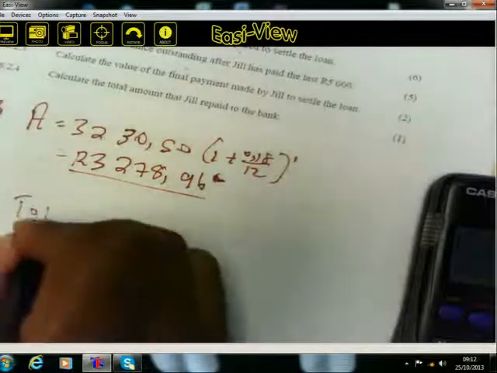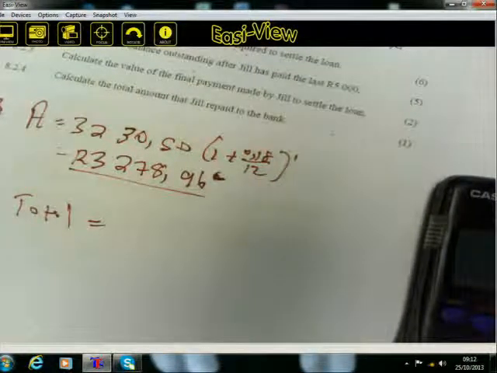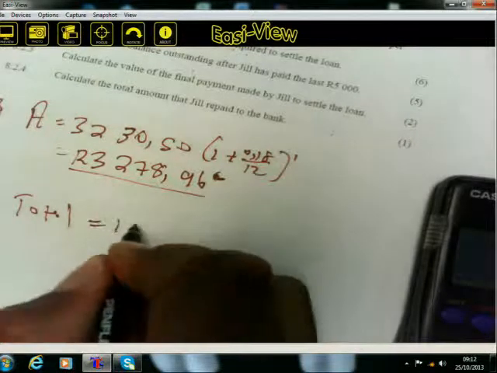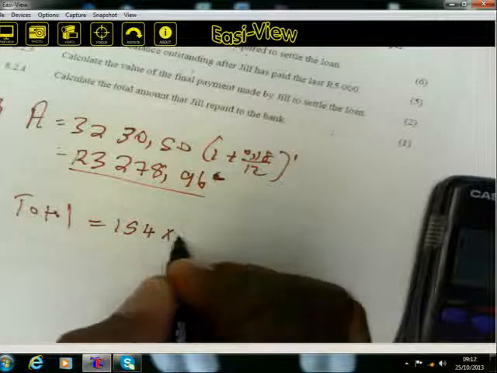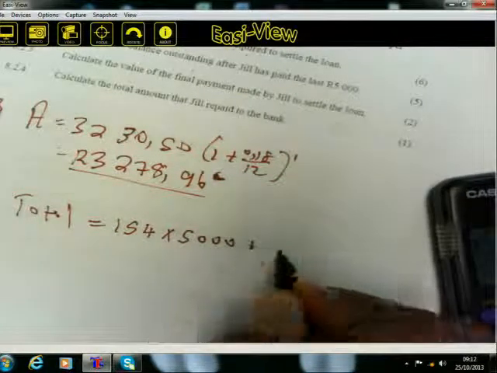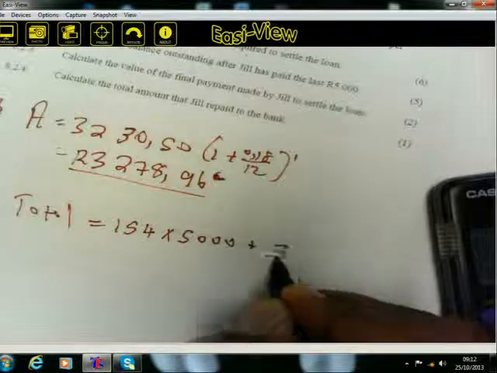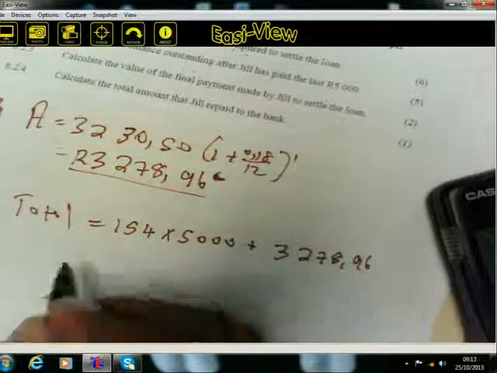Then we agree that the total amount will be what? Of course, we know that we are going to make 154 payments of 5,000. Is that correct? Yes. And then we add 3,278 rand 96.